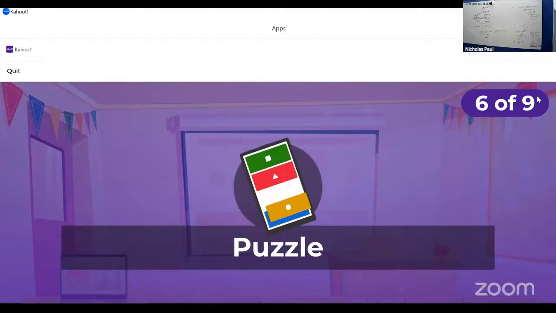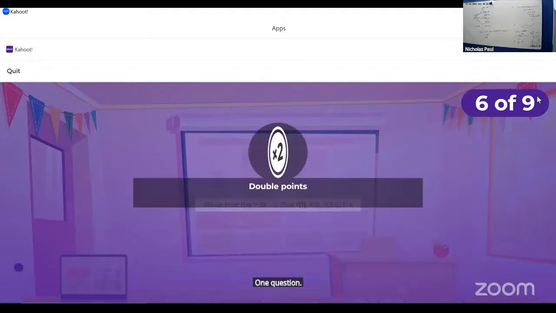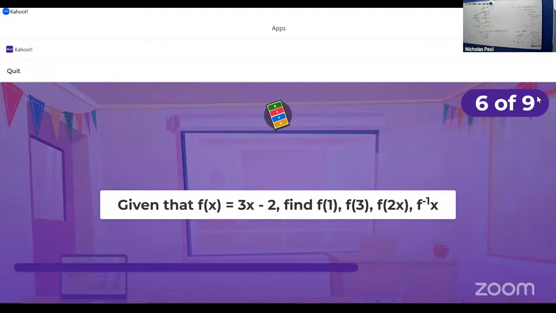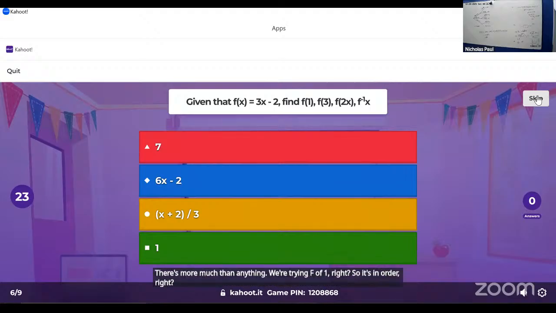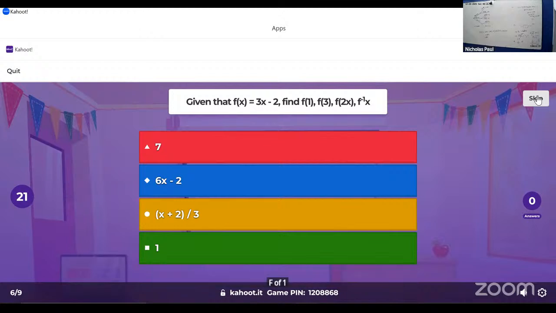There's more maths than anything. Which one is f of 1, right? Put it in order, right? F of 1 is what? 1, so the green had to go on top. Put it in order.